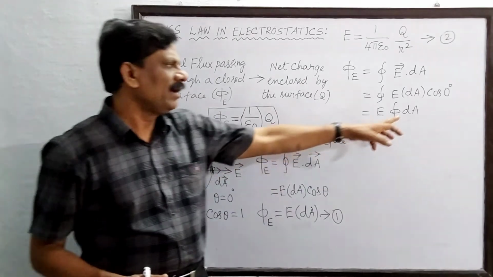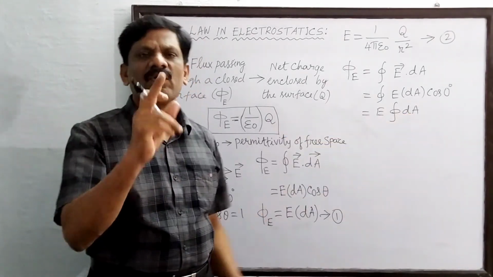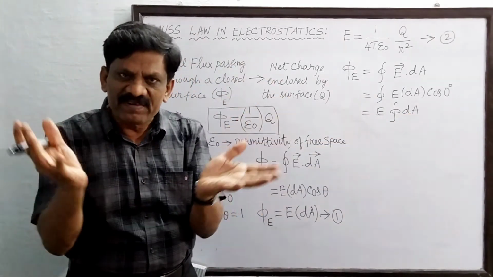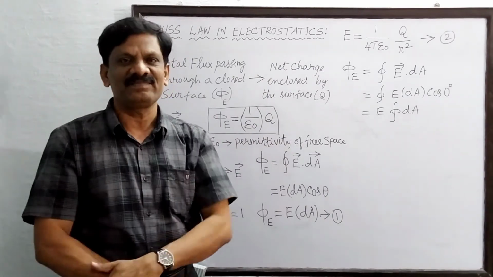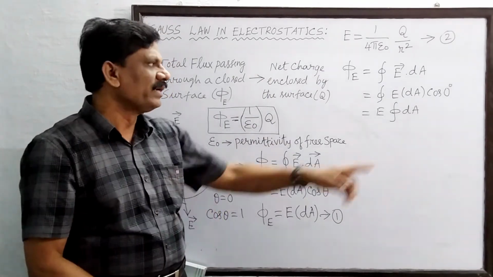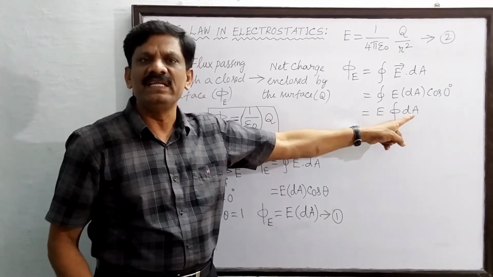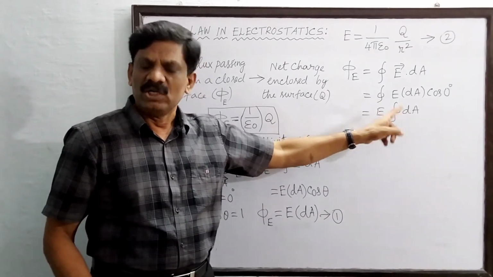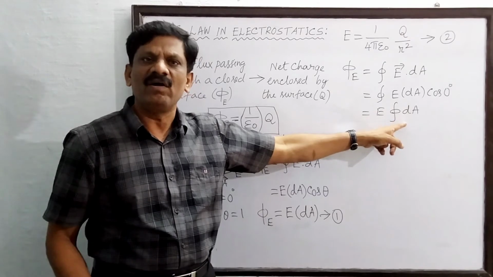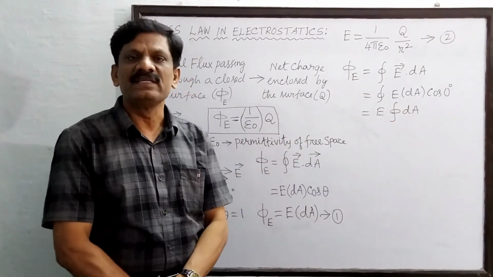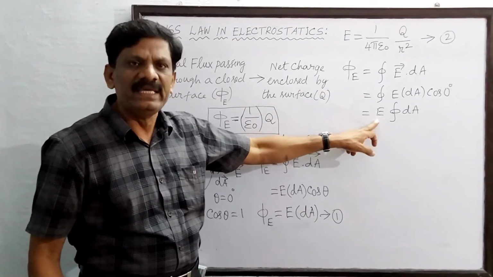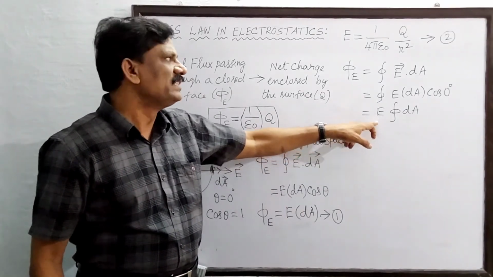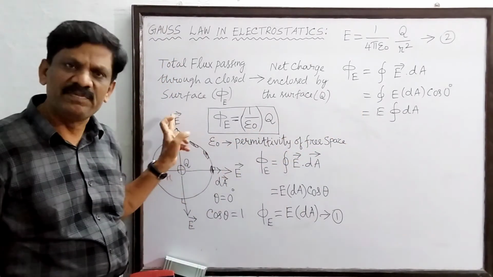So the integral of dA must be equal to the total surface area of the sphere whose radius is small r. Understood? So I am going to substitute the integral of dA as the total surface area of the entire sphere, that is 4 pi r square, and E, the electric field, which is constant at all points on the sphere.